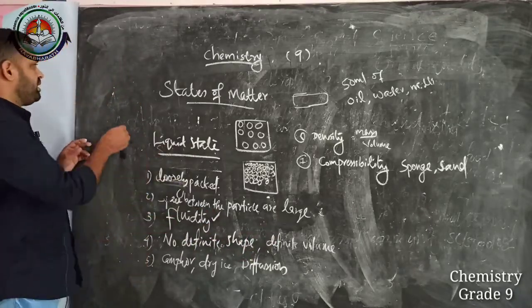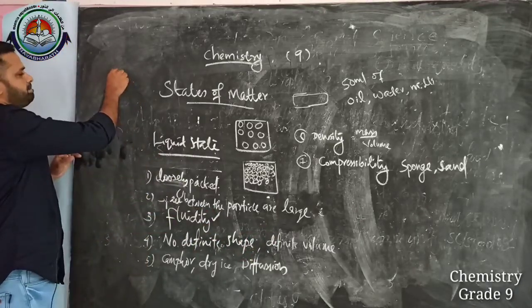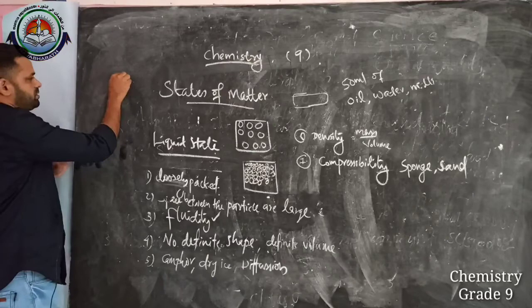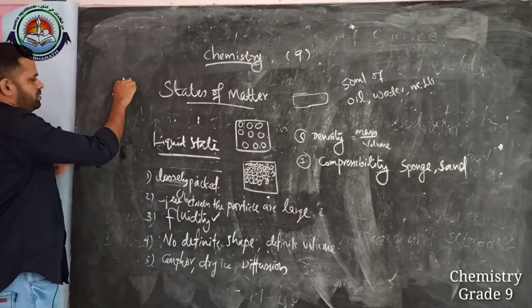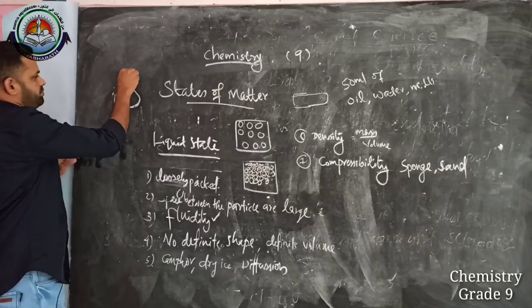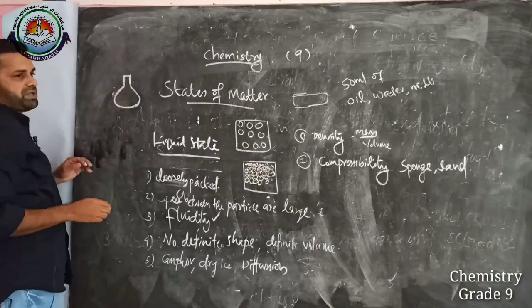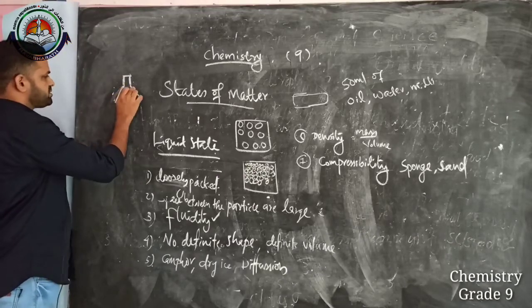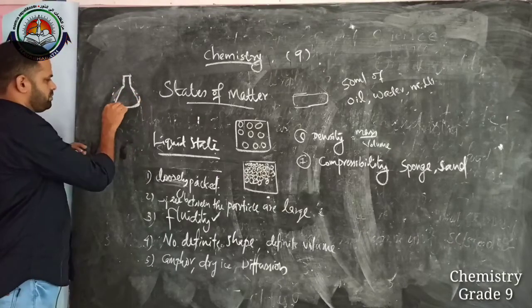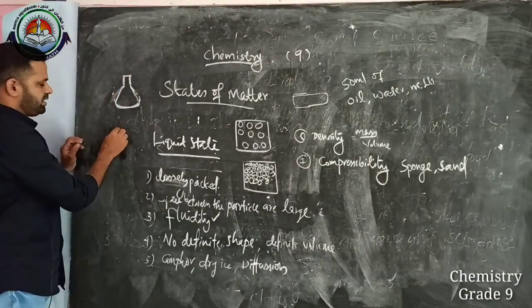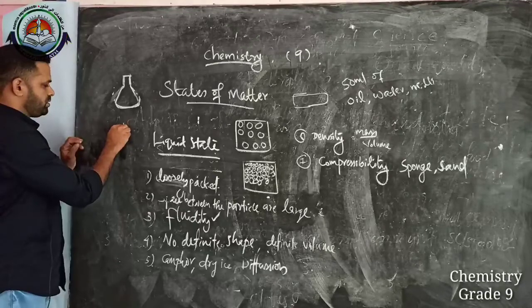So take different apparatus, for example, this is a conical flask. The shape of the conical flask is like this, and then another container we are taking.